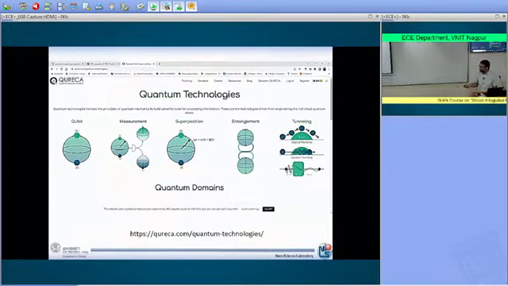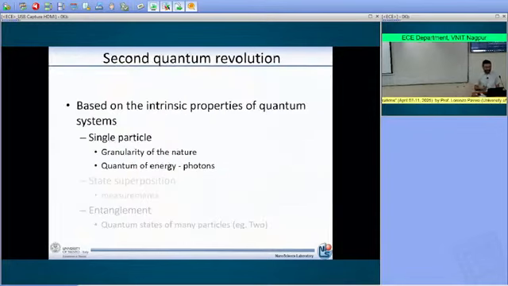We want to use qubits, the properties of quantum measurements, the properties of quantum superposition, and the properties of quantum entanglement. Therefore, the second quantum revolution is based on the intrinsic properties of a quantum system.